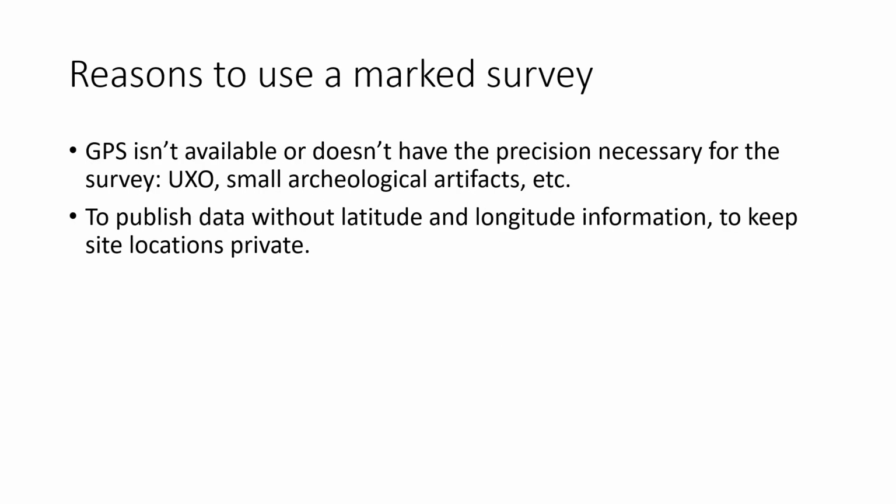And everything that gets described here is going to be shown or illustrated in a separate video showing how the work actually gets done. So why do you use a marked survey? Their origin is in survey situations where GPS or other location systems weren't precise enough for the requirements of the survey.